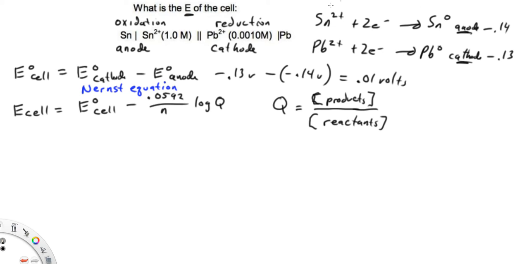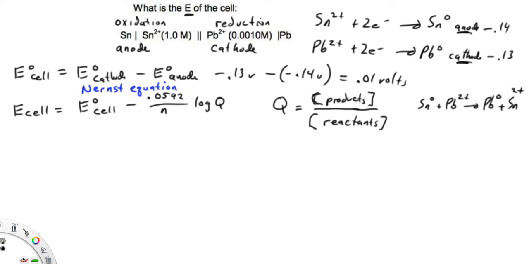If we were to balance this equation, we would get something like this. So we can see that we're balanced with respect to electrons, with respect to the atoms.